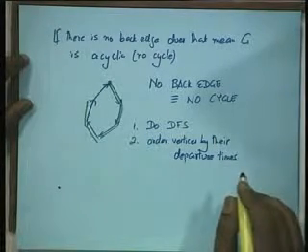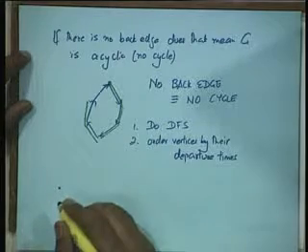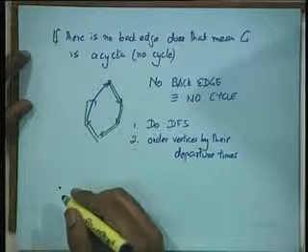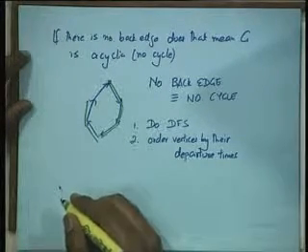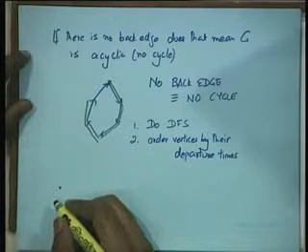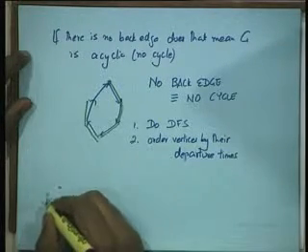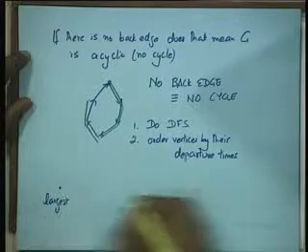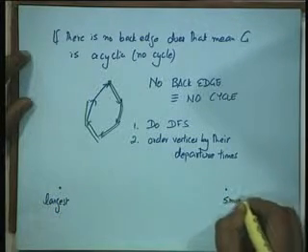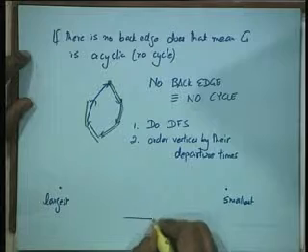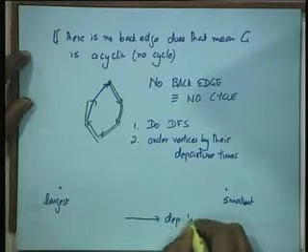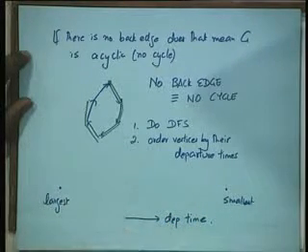Or do you want smallest first? Okay, let us go with this: this has the largest and this has the smallest, and the departure times are decreasing like this. This is the largest.